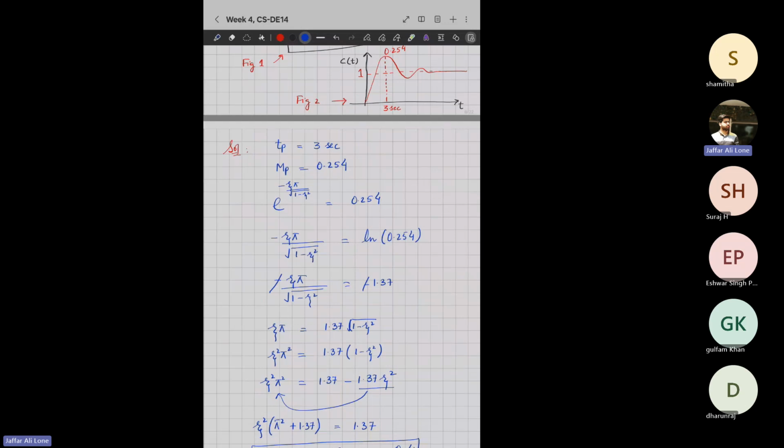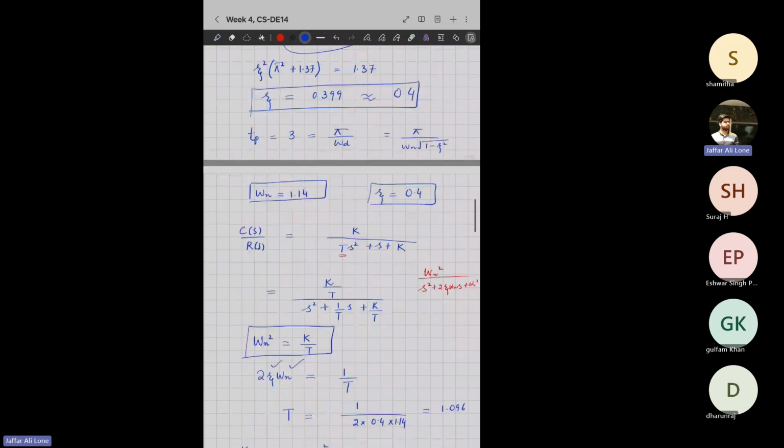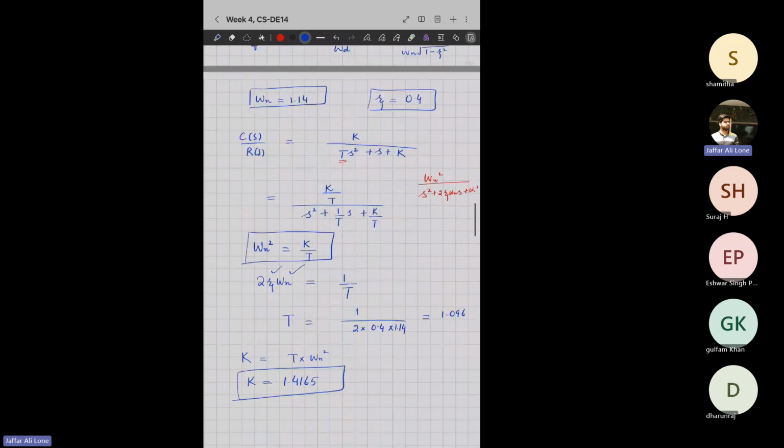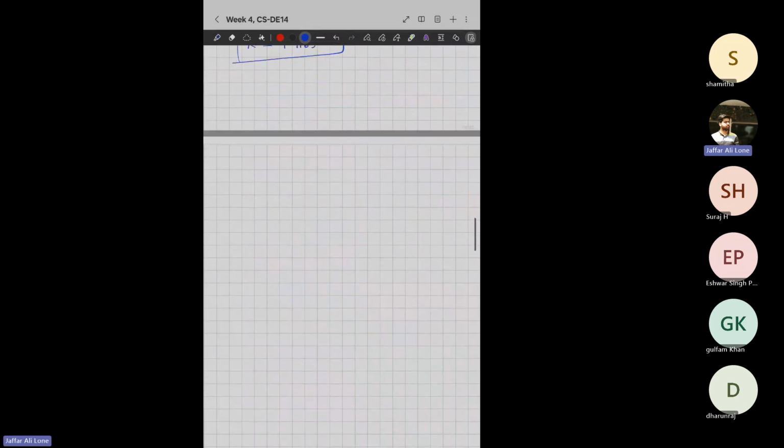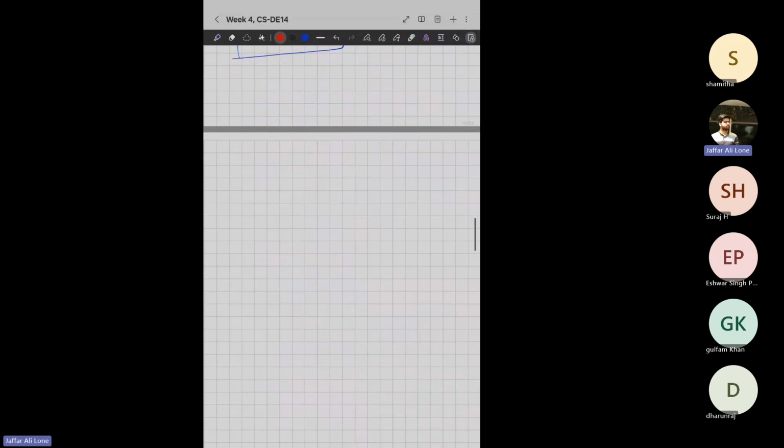Then you took the closed loop transfer function, compared the response, and you got the values. Anybody has any doubt here?